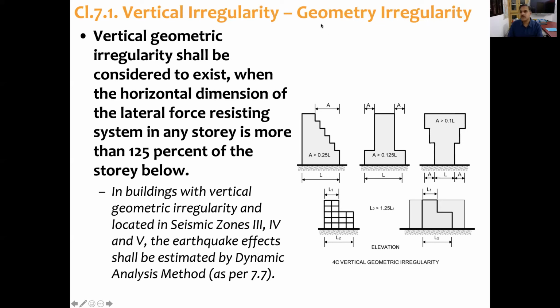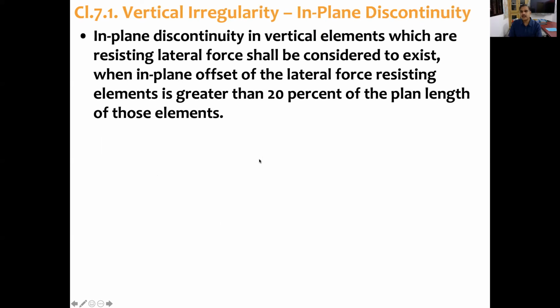So that is vertical geometry irregularity. If it is present, the code suggests going for dynamic analysis to get the appropriate forces on the structural members. Then let's go to in-plane discontinuity.